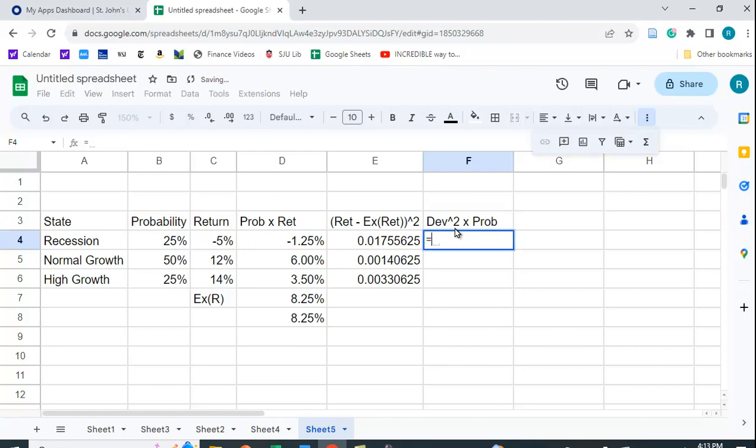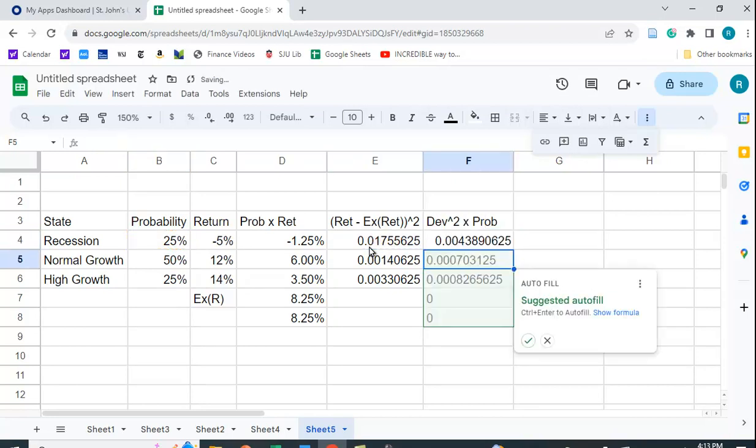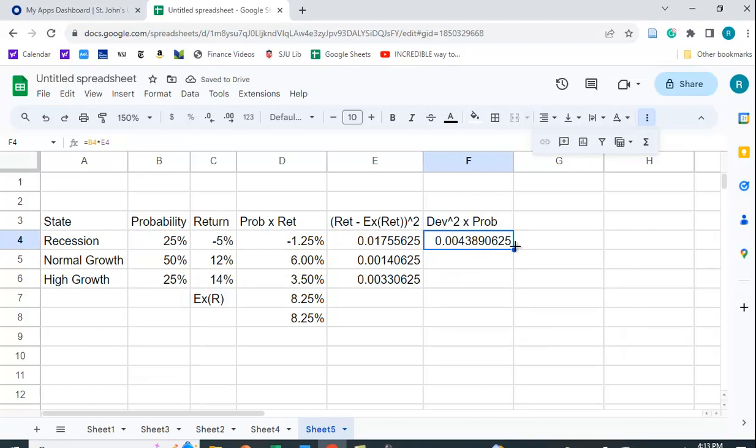So we're going to say equals this times this. And again, I'm going to copy it myself. Sometimes it's good to copy it, sometimes it doesn't copy correctly. And then I'm going to sum these up.